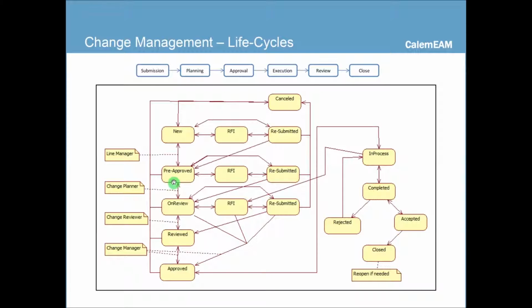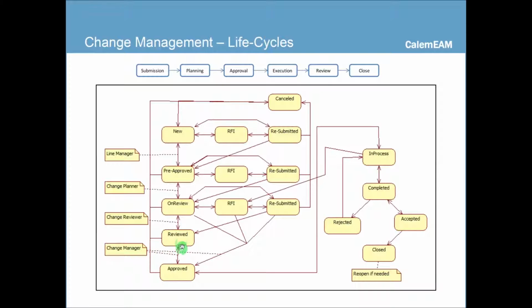Change planner also sets up reviewers, steps, and other stuff. Change reviewers get notified when the MOC is put on formal review, and they go through the interaction process, request for more information, and resubmitted cycles to collect more information, and eventually set the MOC as reviewed when all the change reviewers agree to go ahead.